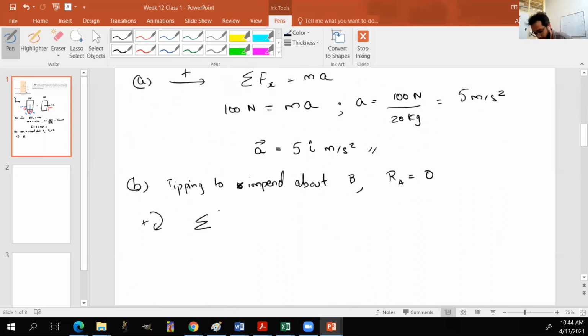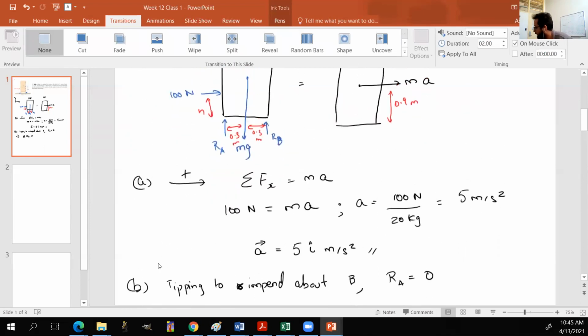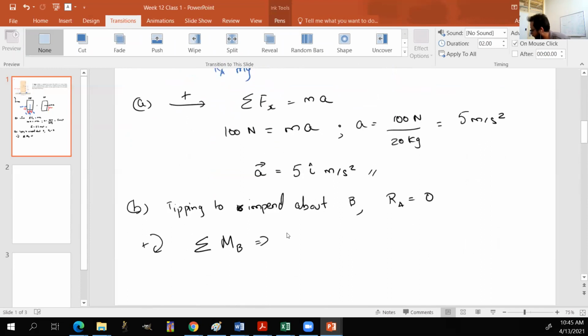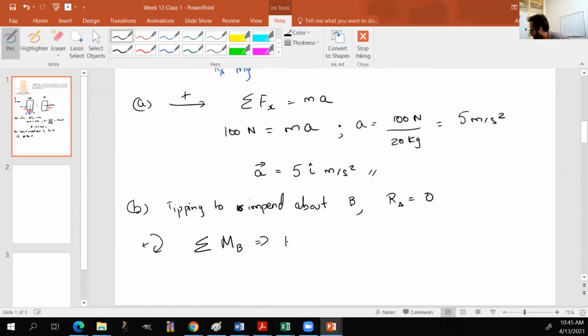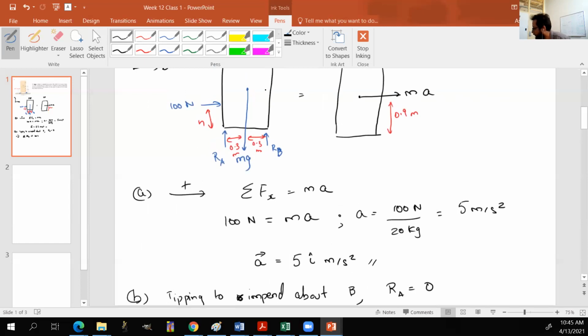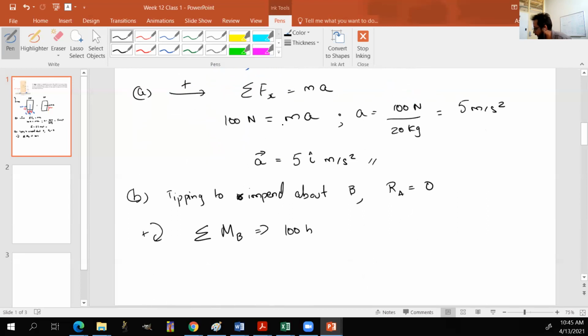So taking the moments about the point B, saying that clockwise is positive, I'll have a moment due to the 100 Newton force, which will be 100 times the perpendicular distance, which is h. And then I'll have a moment due to mg, which is going to be negative because it's counterclockwise.